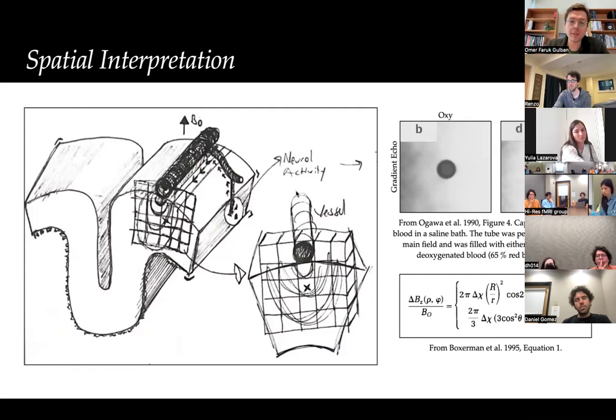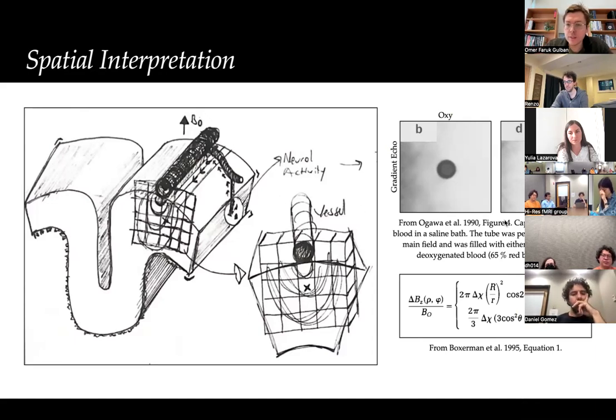That's something that VASO tries to address from an acquisition point of view. Your activity is here, but you will measure some fluctuations there, even if you disregard the pial vein. And this connects to Ogawa's 1990 paper that was done on rodents, I believe. Basically, this is the start of fMRI as we know it.